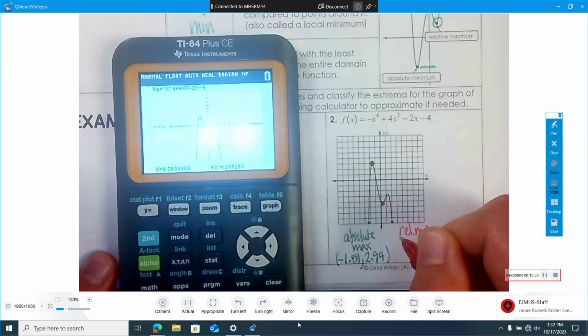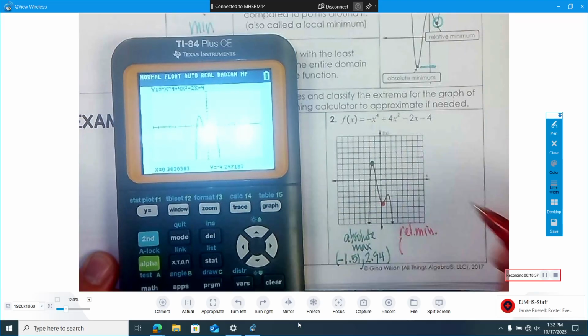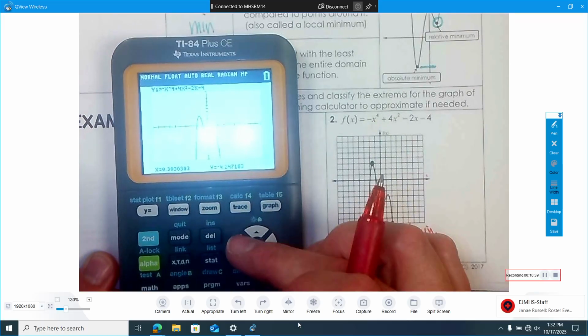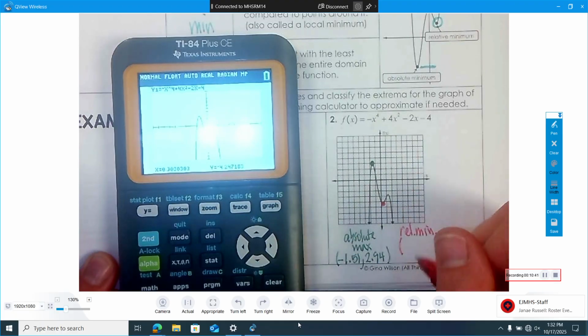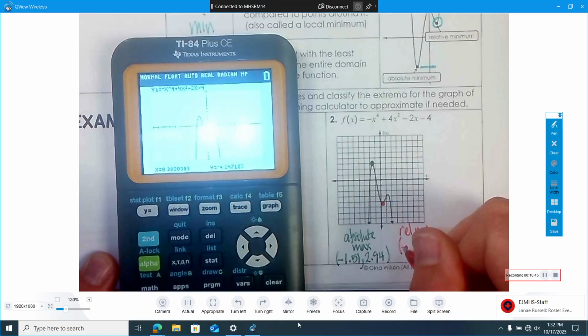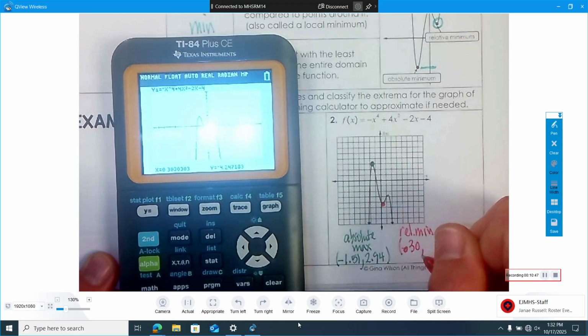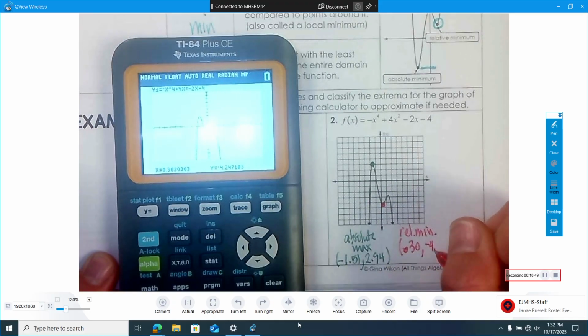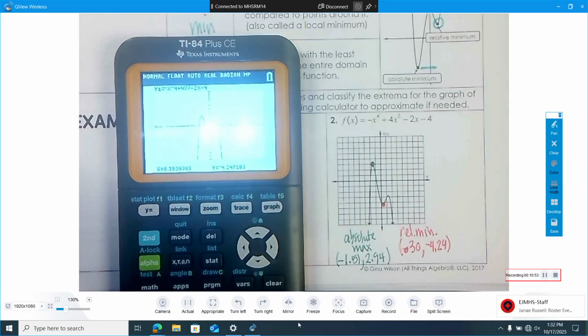And my calculator is giving me about negative 0.30, and then maybe negative 4.24. Relative minimum, something like that. Oh, maybe 4.25, but that's good. It's probably okay. We're just approximating anyway.